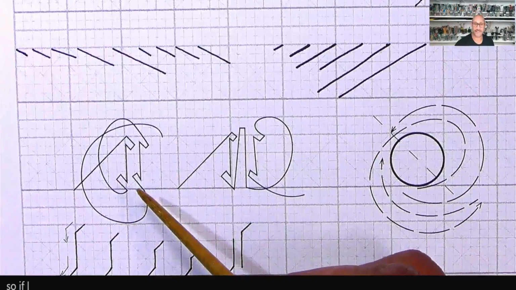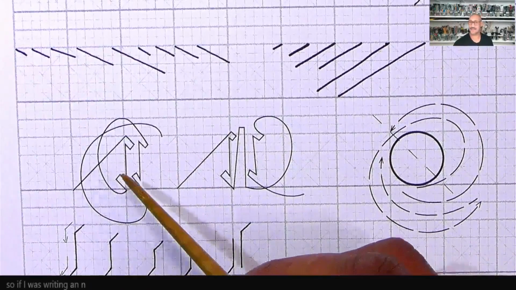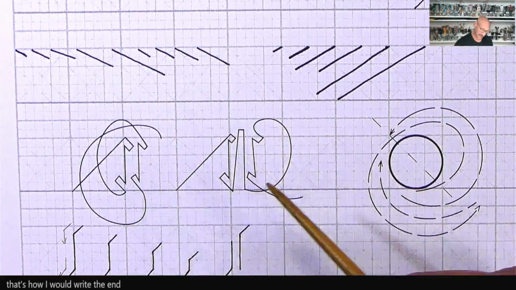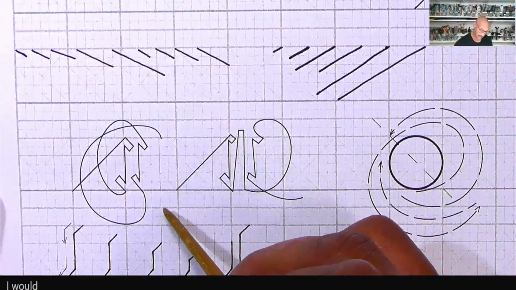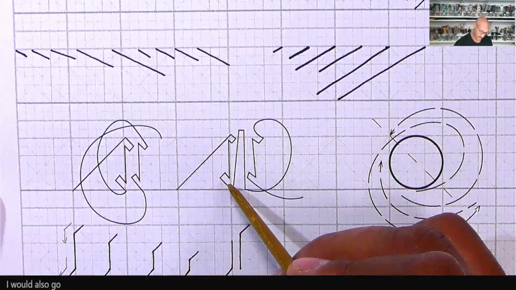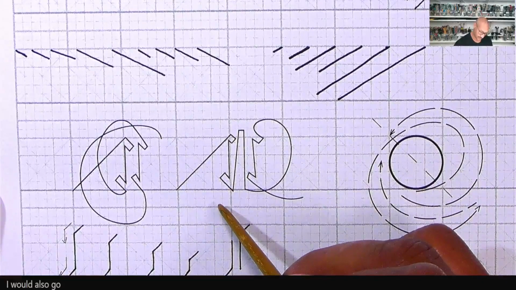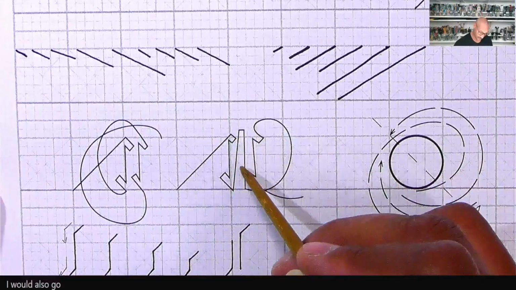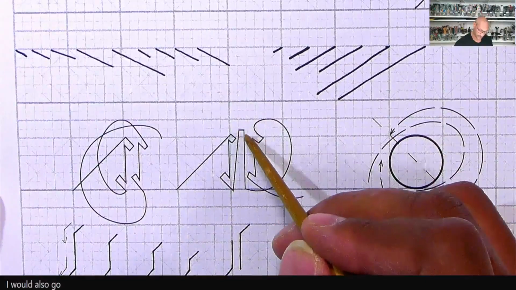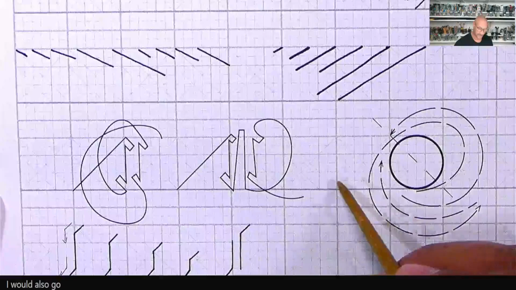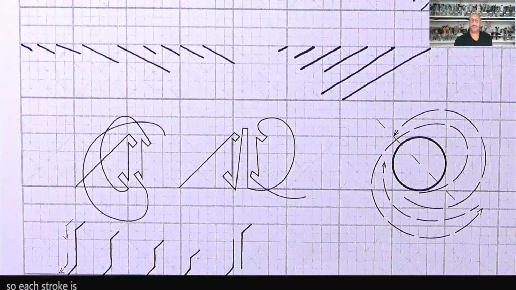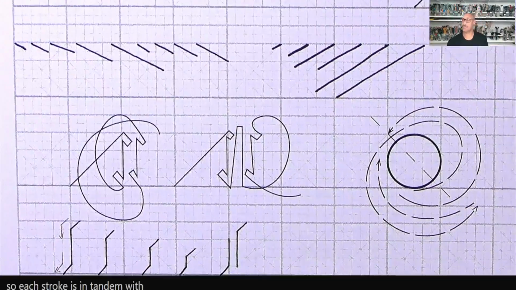So if I was writing an N, that's how I would write the N. Now, I would also go, so each stroke is in tandem with the breath.